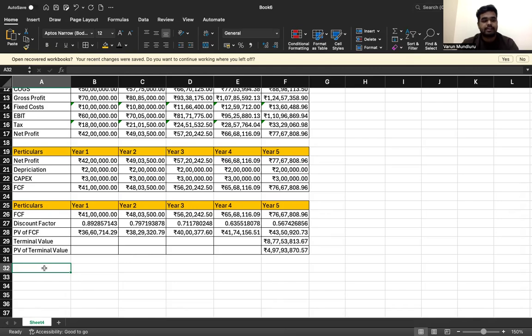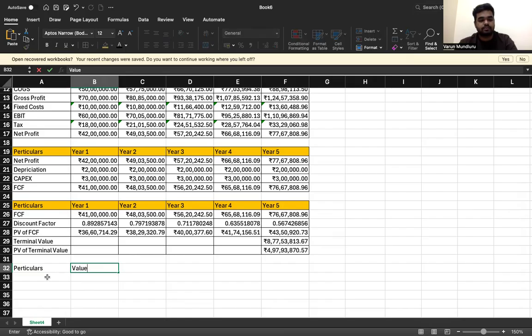So, to find this, we will be taking the following particulars: total of present values of free cash flows and present value of terminal value. Using these two values we can find the enterprise value, which is basically the estimated current value of our cafe.